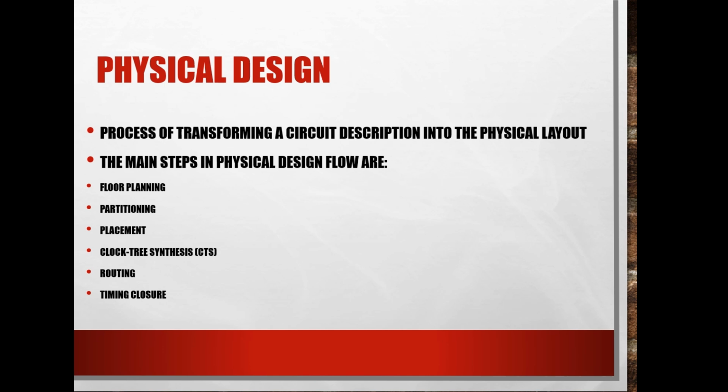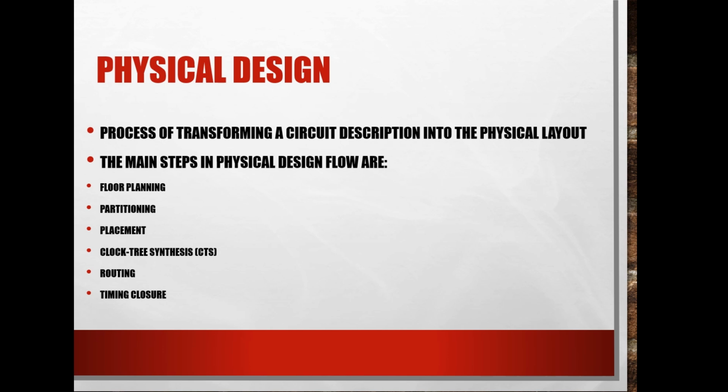Now the actual process is that we need to convert our circuit description into physical layout. When we go onto the silicon part, we need to understand how my circuit would be translated over there.